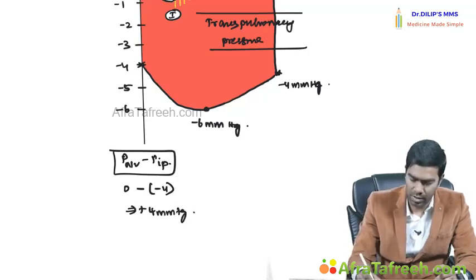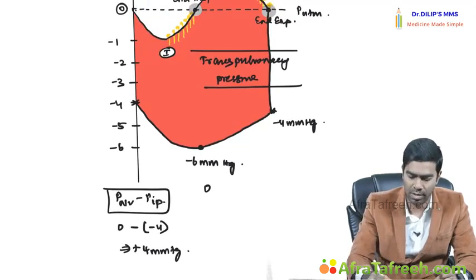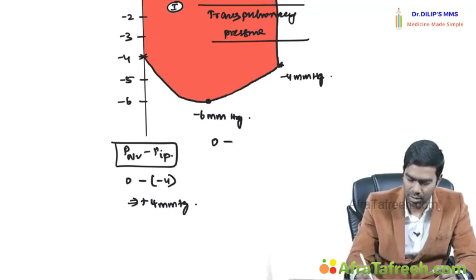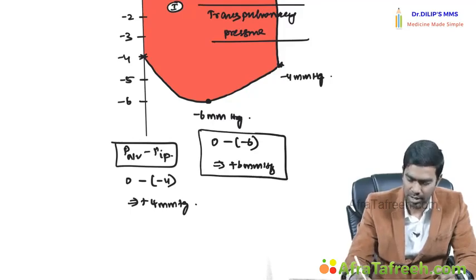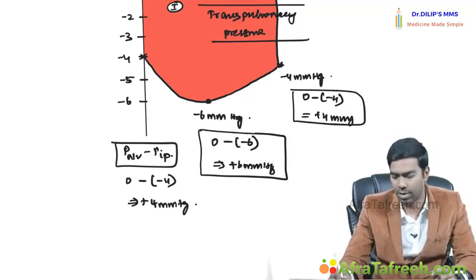Again at end inspiration, I told you it is always 0 only. 0 minus -6 is going to be +6 millimeters of mercury. And again at end expiration, it's 0 minus -4, which is +4 millimeters of mercury. So the transpulmonary pressure, you can see, is always positive.